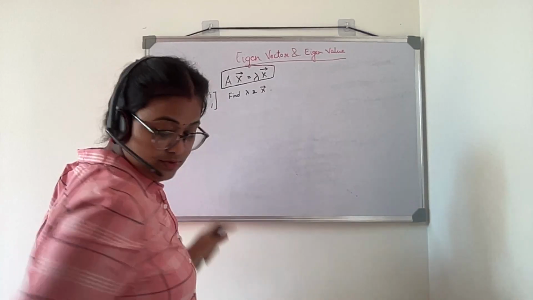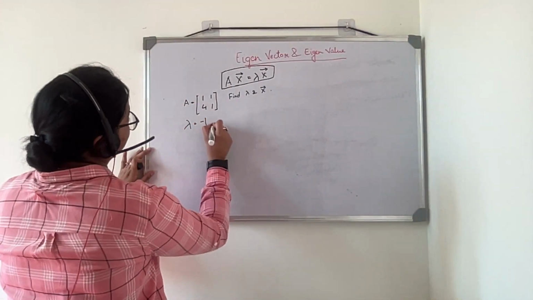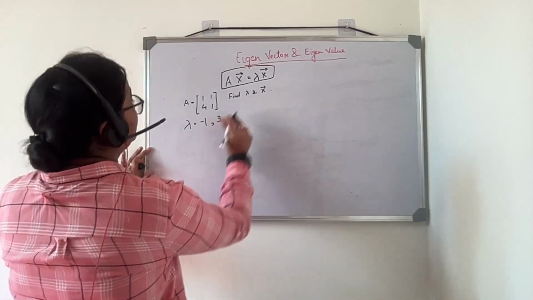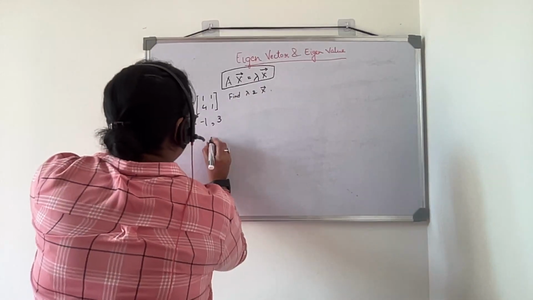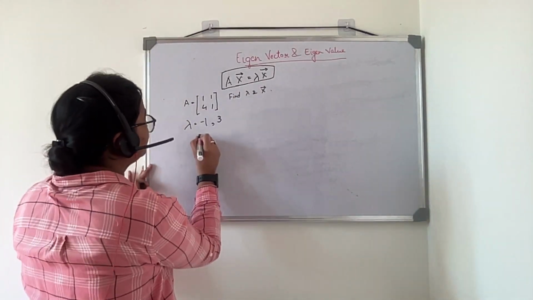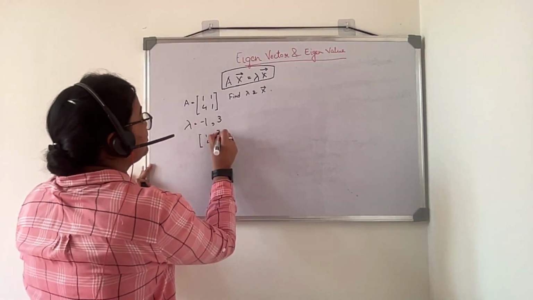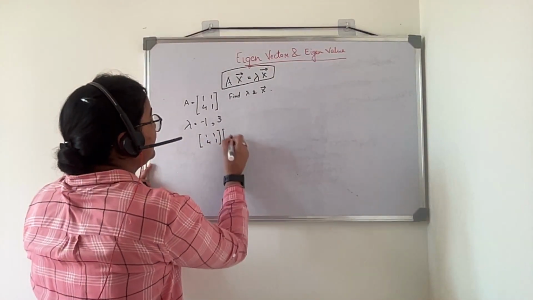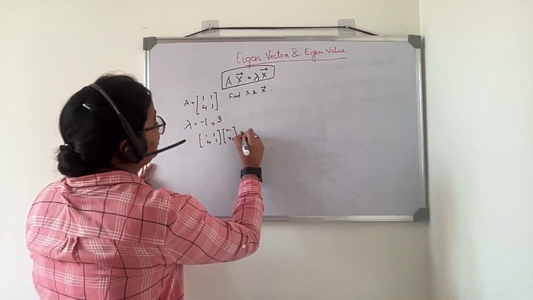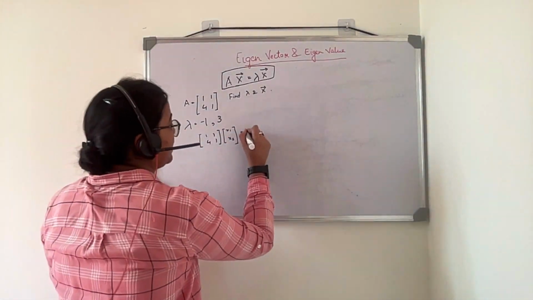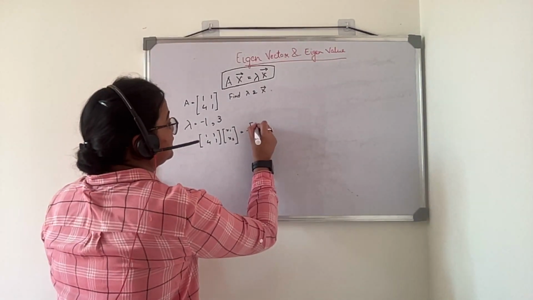Lambda equal to minus 1 and 3, that we are going to write here. Now if we substitute the value of lambda and write the equation again, A times x bar, that is the matrix [1 1; 4 1] times (x1, x2), equals, assuming lambda as minus 1, minus 1 times (x1, x2).